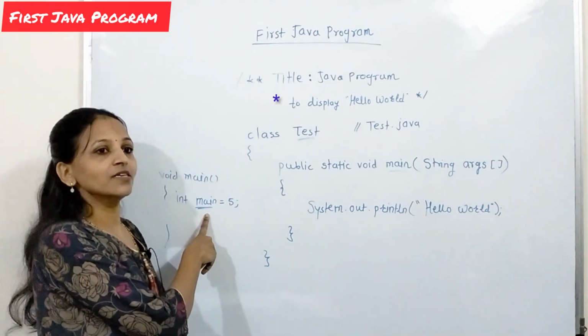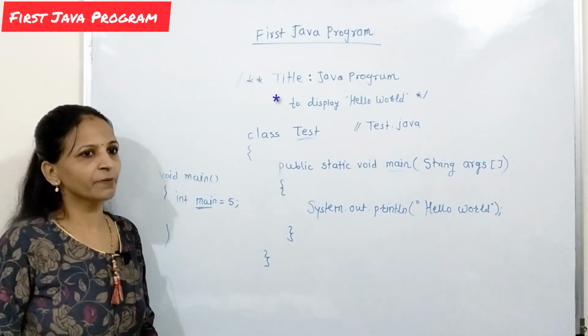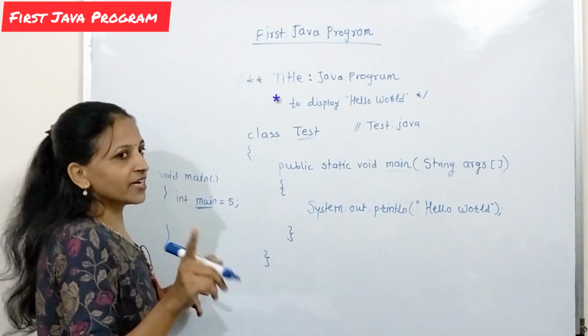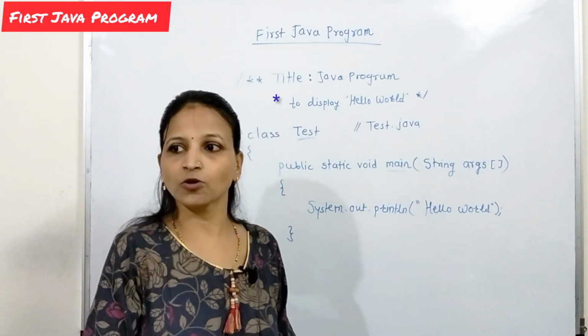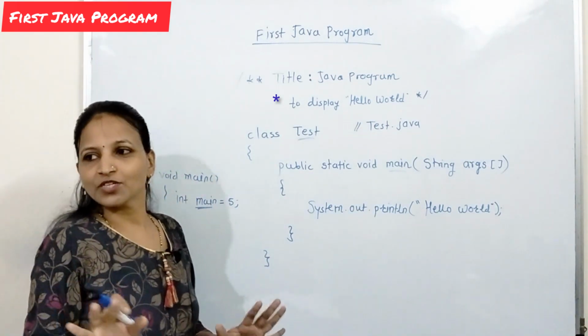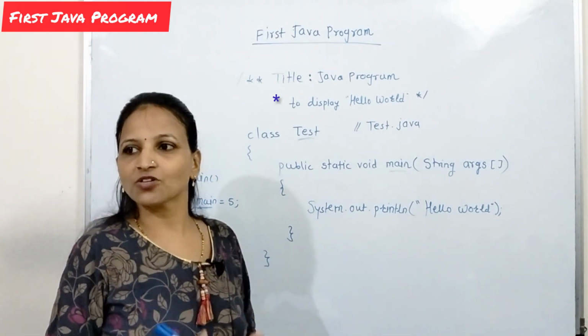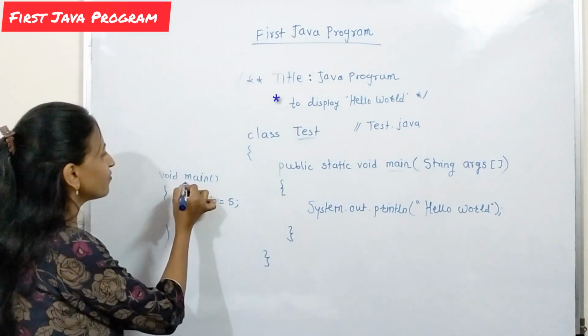Here I am declaring a variable having the same name, main. Okay, no problem. Predefined identifiers we can use to give a name to a variable, but keywords we cannot use to give a name to any variable, function or class. Getting?